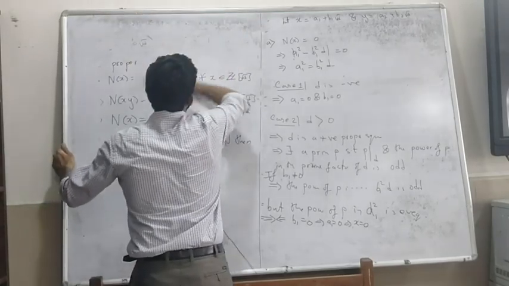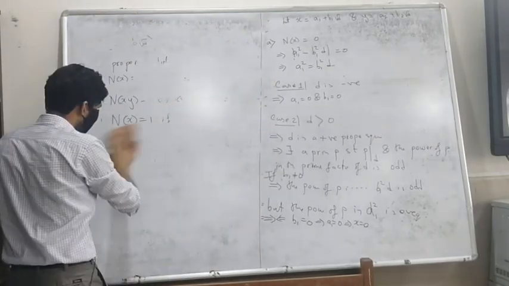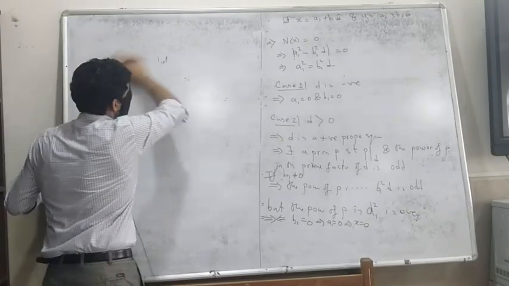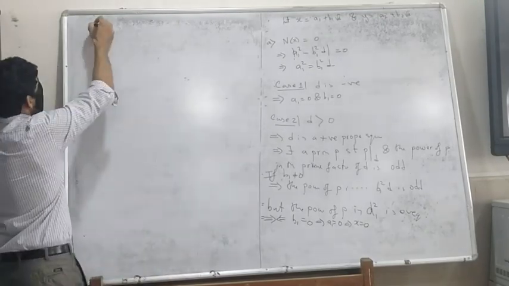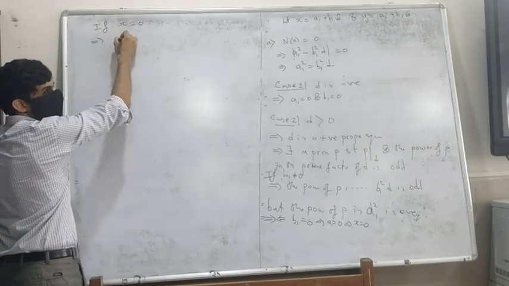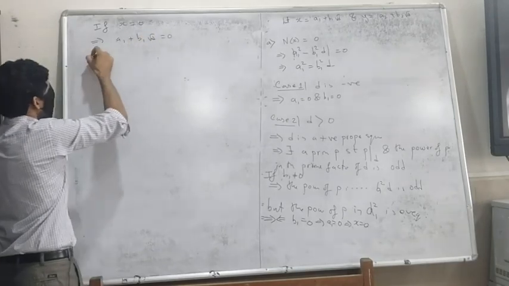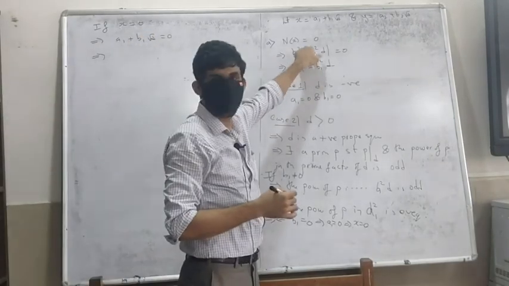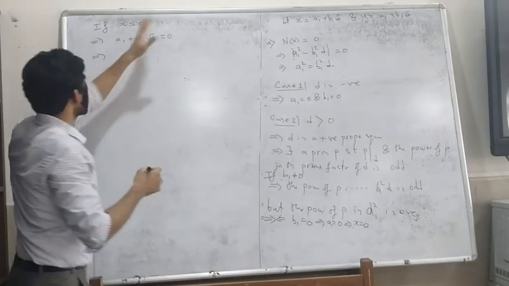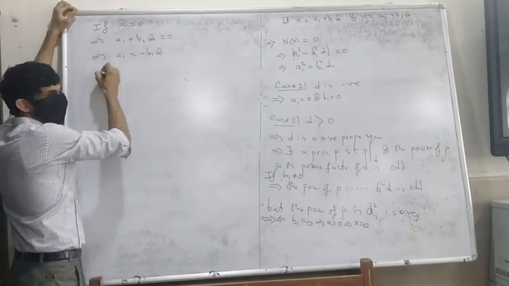What if a1 is 0? That is easy. Why? So if x is equal to 0, what happens? a1 plus b1 root d is 0. You check what you want to prove. You want to show that this is 0, right? So take this to that side. a1 is minus b1 root d.